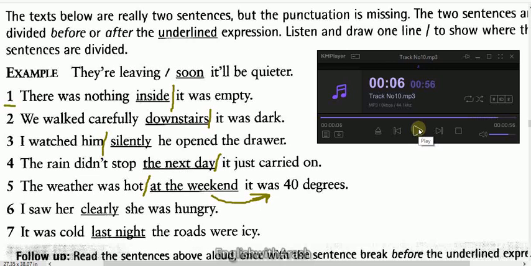The weather was hot. There's a little pause. At the weekend, it was 40 degrees. I saw her clearly. She was hungry. What about this one? Where does the pause fall? Here, it's not before. This one, it's good, after. After clearly. It's after clearly.